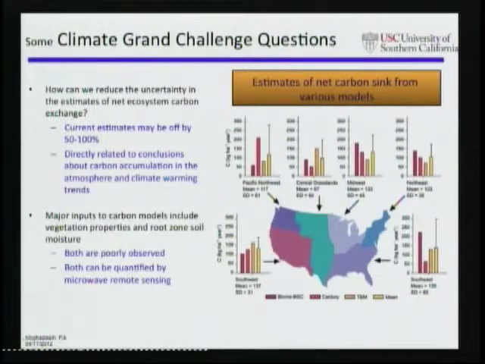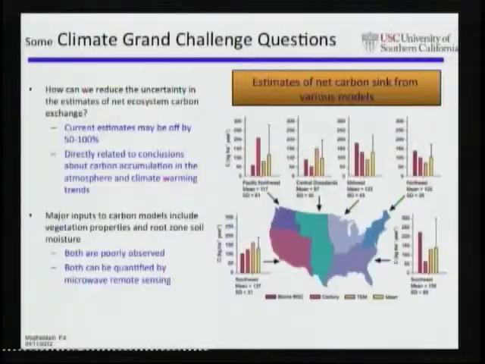Some of the most important unknowns, or parameters, that go into these models are the vegetation properties of the environment and also the soil properties, in particular the root zone soil, because plants need water to function and they need water at their roots.